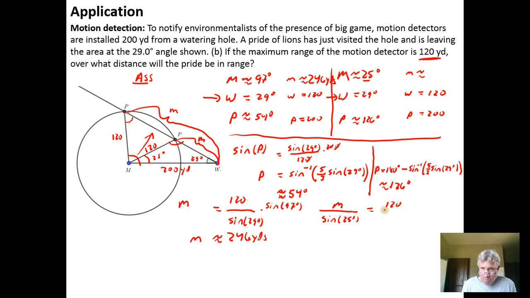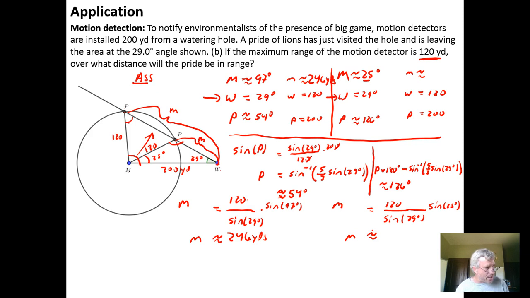So it's going to be 120, the side opposite the 29-degree angle, divided by the sine of 29 degrees, and then we multiply both sides by the sine of 25 degrees, which will cancel this out of the denominator, isolating m.